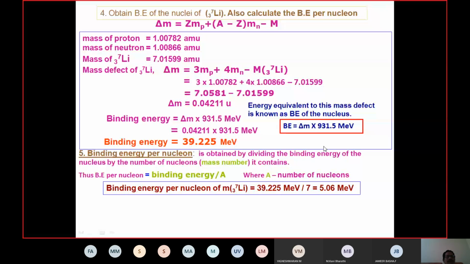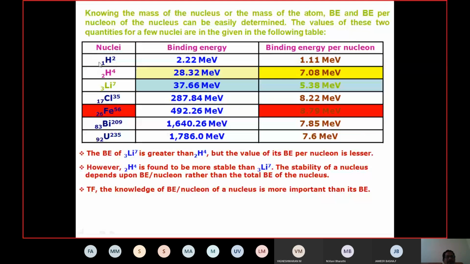Now the table shows some nuclei, from lighter to heavier, on the left-hand side, and knowing the mass of the nucleus or the mass of the atom, the binding energy per nucleon of the nucleus can be easily determined.